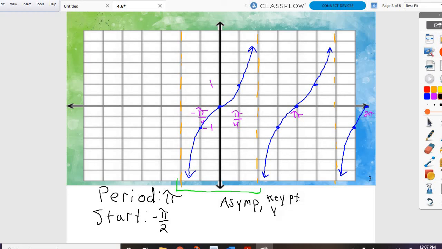And we're going to say that that's where y equals -1. And notice after that, halfway in between is our zeros. Then we have another key point, and that's where y equals 1. And then we end with what we started with, which is an asymptote.